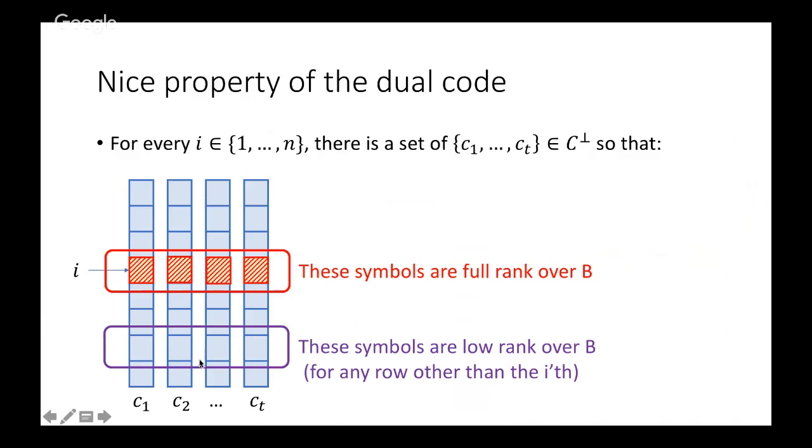Here they are; I've written them as the columns, so that the following holds. If I look at the ith row, the one that corresponds to the failed node, then the symbols in this ith row should be full rank over the small field. And if I look at any other row other than the ith one, then these symbols should be low rank.